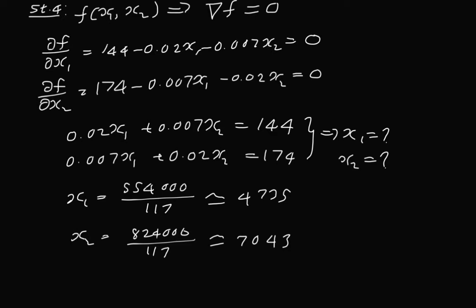So these two are the x1 and x2 values. Then we can find the maximum value, which is y equals f(x1, x2).